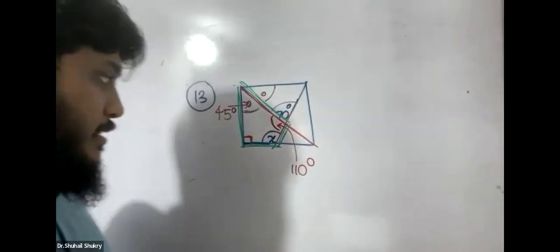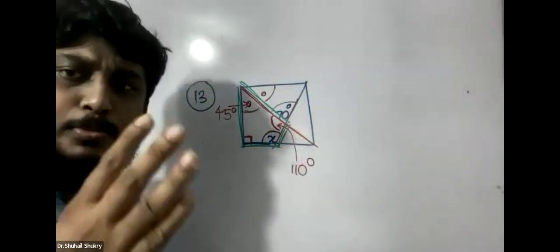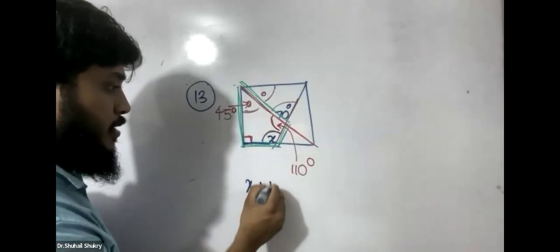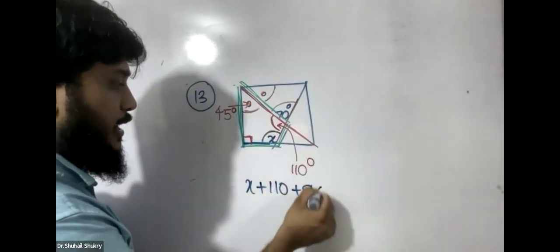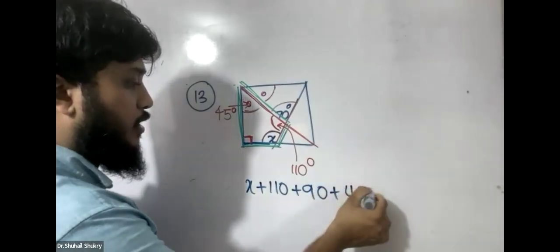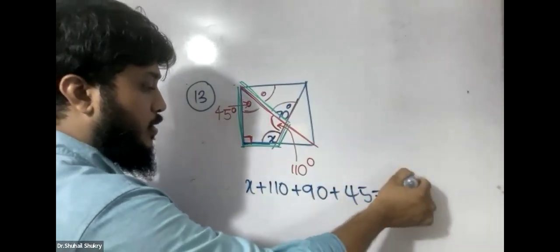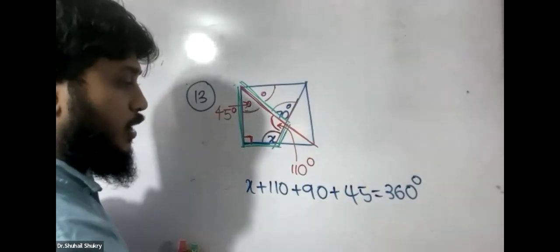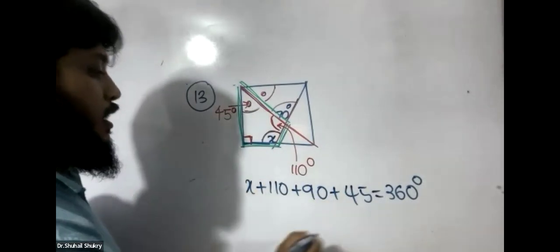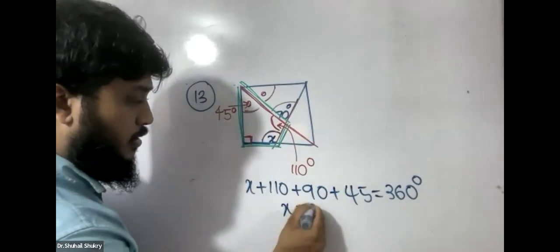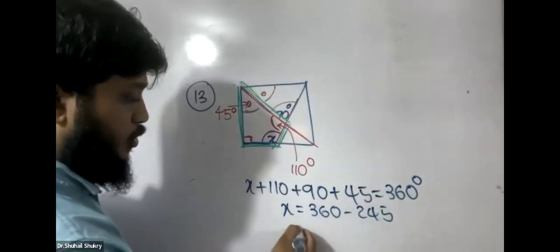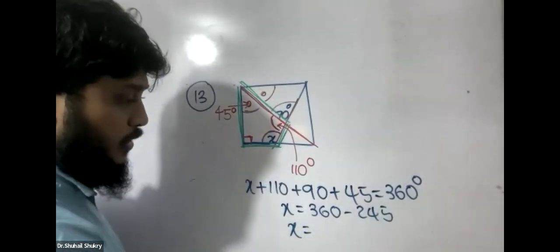If I add all together, x plus this 110 plus this 90 plus this 45, all add up to 360 degrees. So 110 and 90 is 200, plus 45 is 245. Then x is equal to 360 minus 245. So 360 minus 245 means how much?